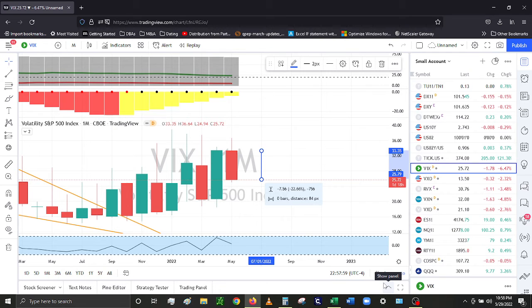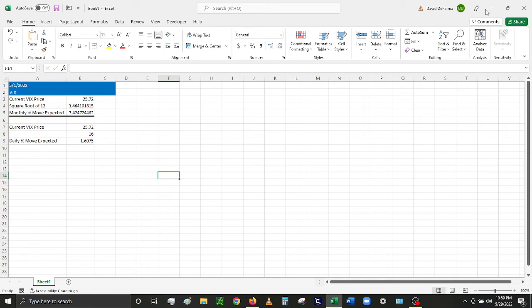Let's go to the daily. So the monthly, I mean, yeah. Let's see on the daily. The daily, I think, would be a little bit easier. 6.57%. Interesting. That's very interesting.